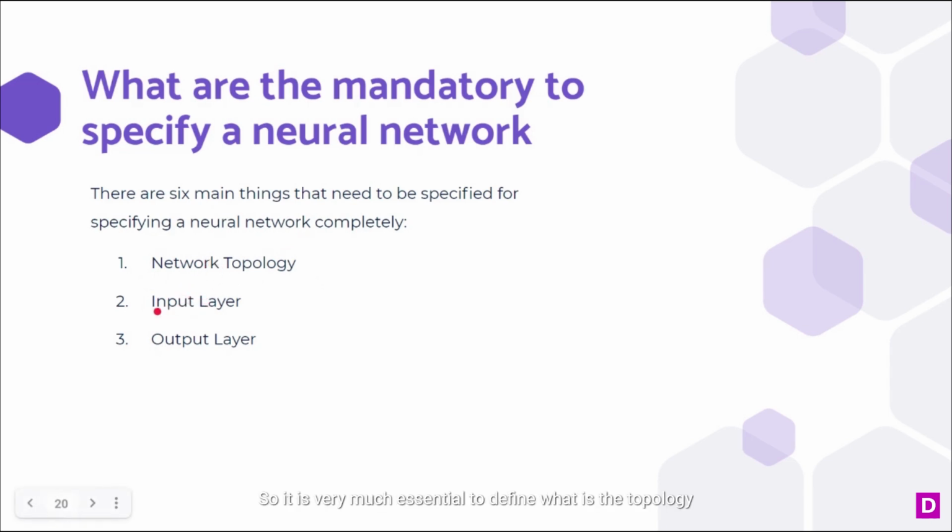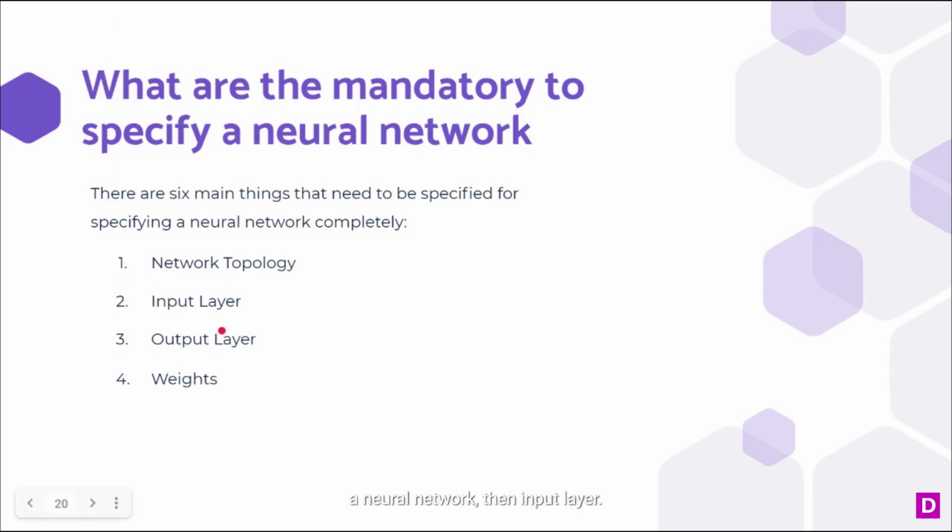So it is essential to define what the topology of the network will be like: how many perceptrons are present in the input, how many in the output. That defines the topology of a neural network. That is the first thing we have to be sure about before jumping into building a neural network.